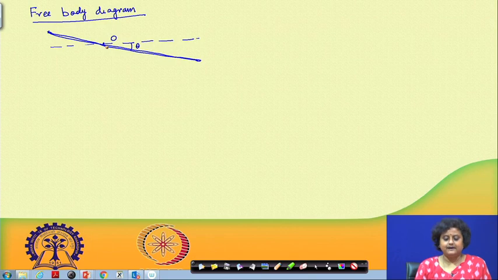Let us now find out the moments and forces that are going to act on this rigid bar.